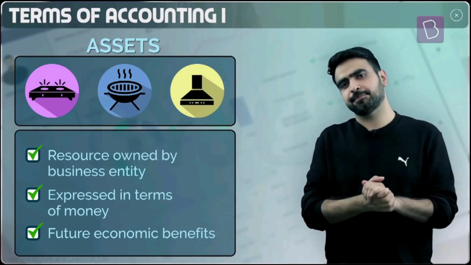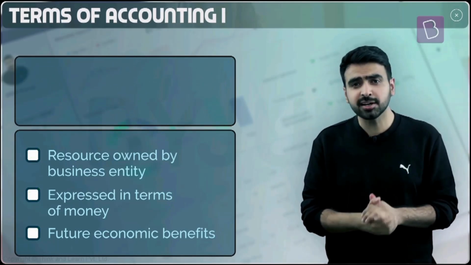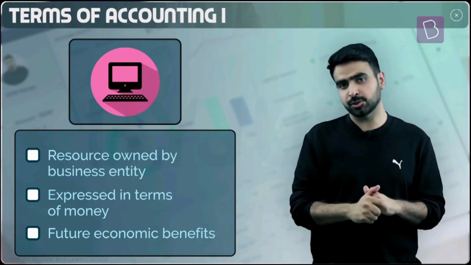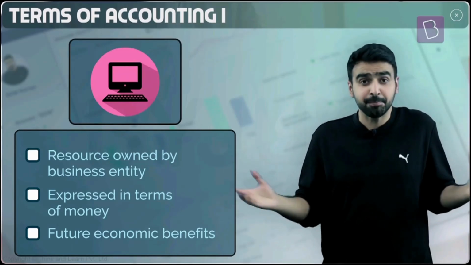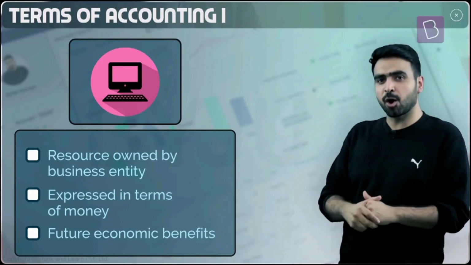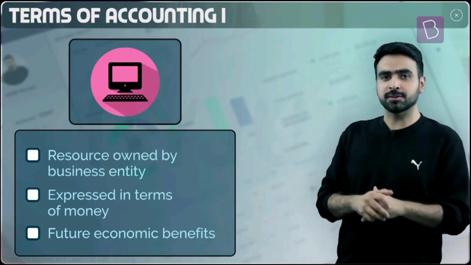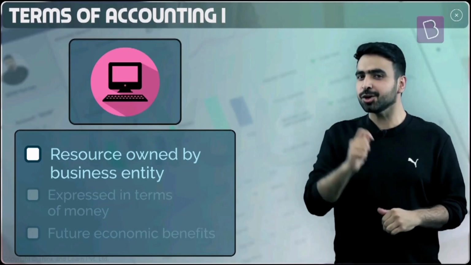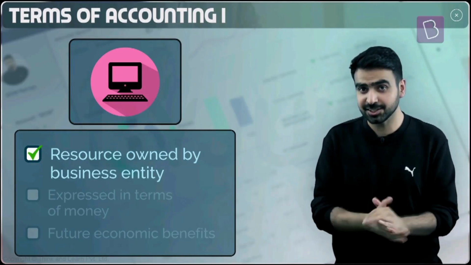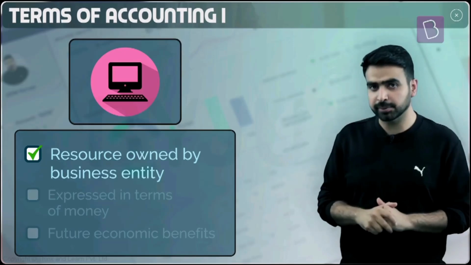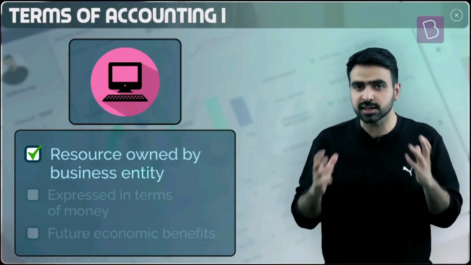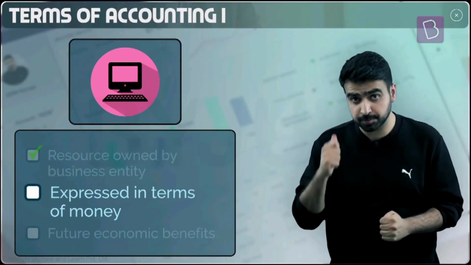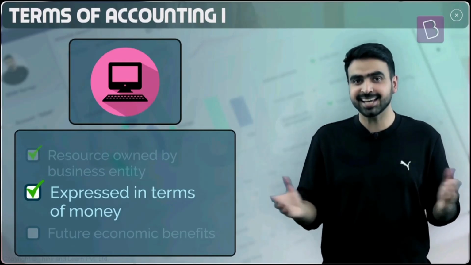Now let's move ahead. Let's see whether computer is an asset for Yummy Bites or not. Well, it's so simple. We'll check these 3 checkboxes whether they were ticked or not. Talking about the first checkbox. Is it a resource owned by business entity? Yes, it is. Rohit bought it in the name of Yummy Bites, so Yummy Bites owns the computer. Can it be expressed in terms of money? Yes, it can be.